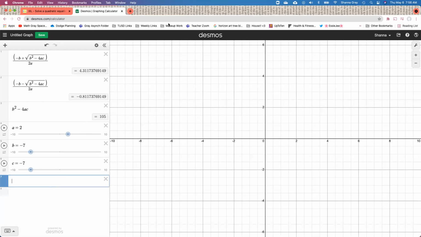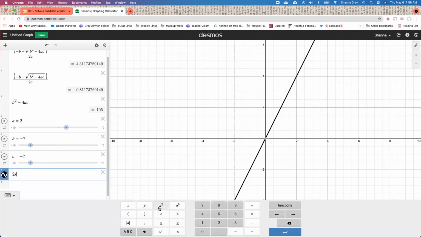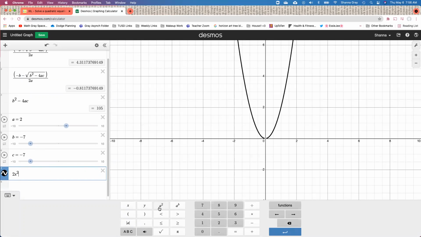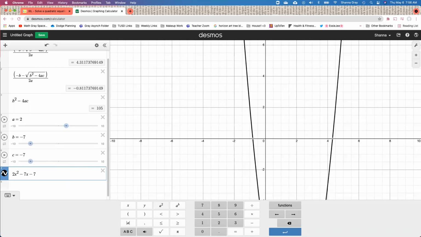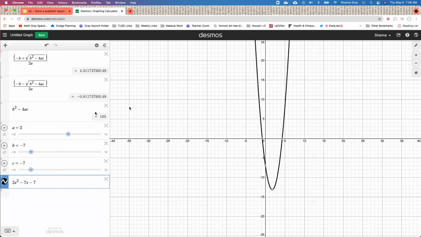I also wanted to take a second just to type in the actual equation so you can see what it looks like as a graph. So 2x squared. So notice I'm using x because that's how the Desmos is going to graph it. Minus 7x minus 7. So it looks like this. So if I look at it, it's pretty clear when the discriminant says it's 105, a positive number, that it does cross the x-axis twice. So it makes sense that I do have these two solutions.